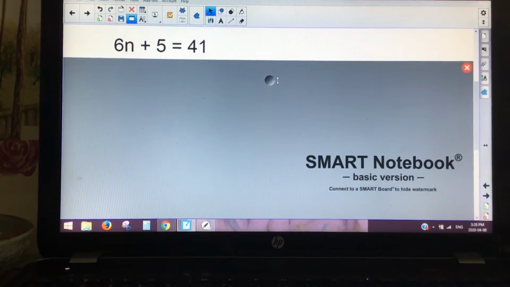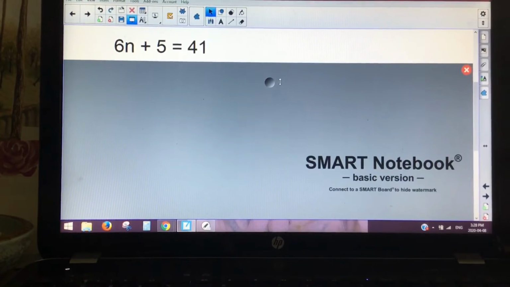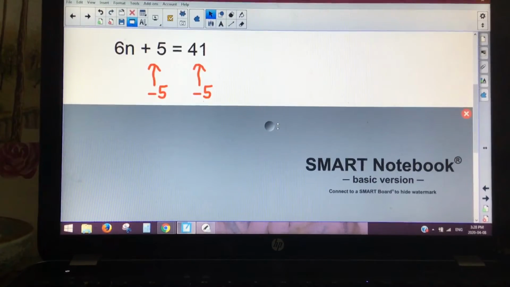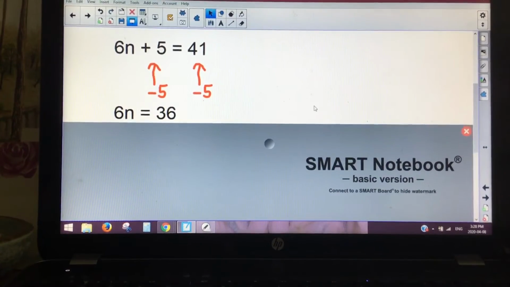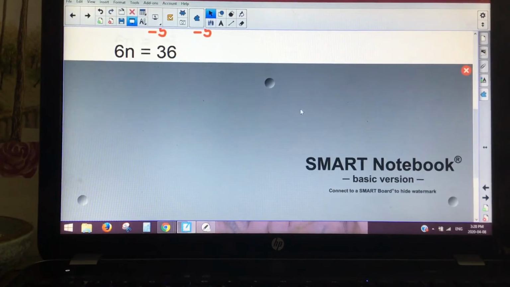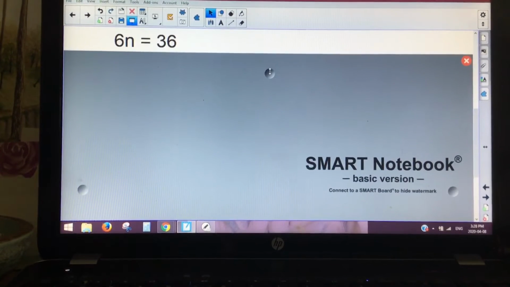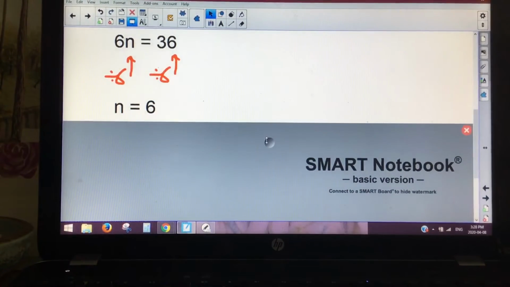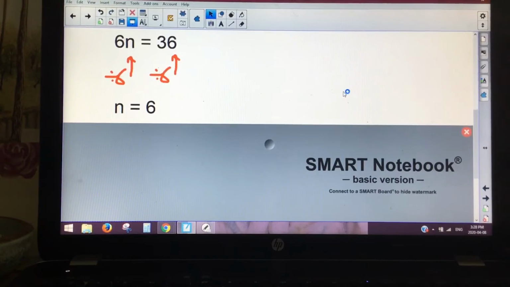So to get rid of adding 5, I subtract 5. If I subtract 5 from the left, I subtract 5 from the right. So I'm left with 6n is equal to 36. I don't want 6 times n again, I want one of them. So I divide the left and right by 6. That would leave me with 1n is equal to 6.